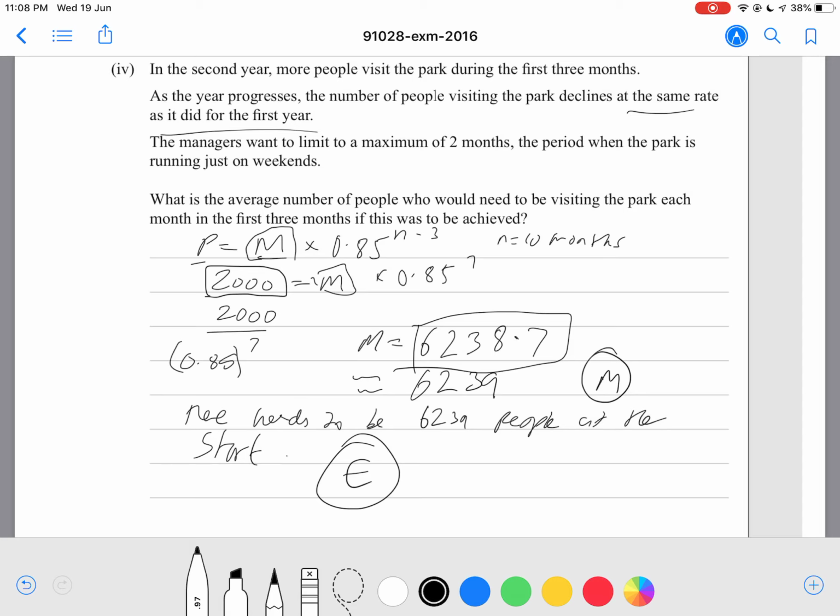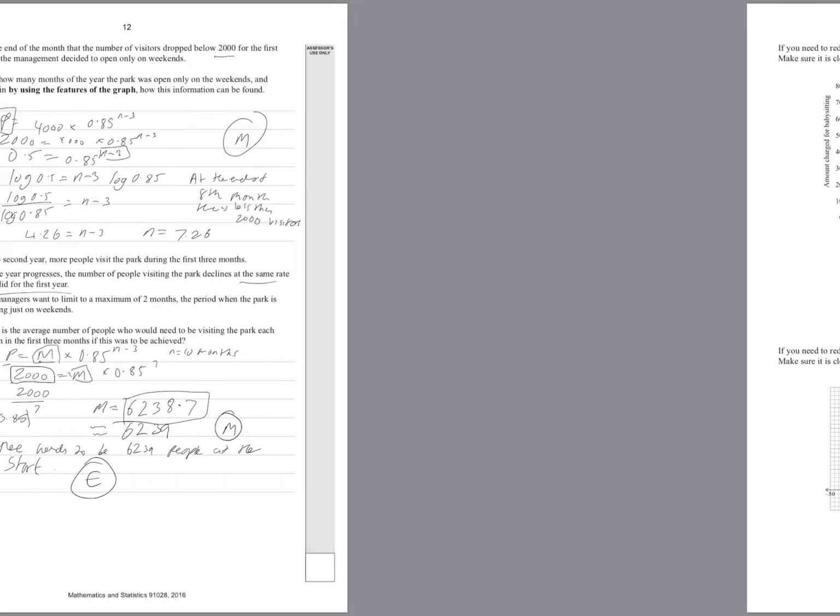So this means that it wants 10 months to be running on all days. The managers close off the park only when the number of people drops below 2,000. So therefore, we can substitute our P equals to 2,000 and our time is 10 months, and then we solve the equation to find our starting number of people. And that should be it.